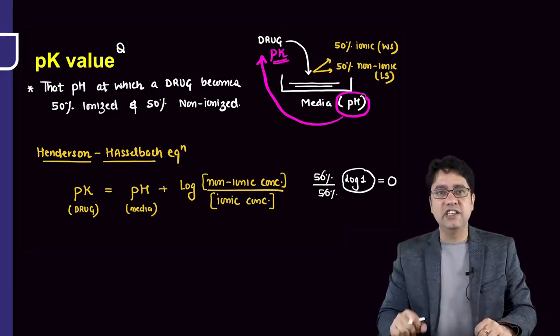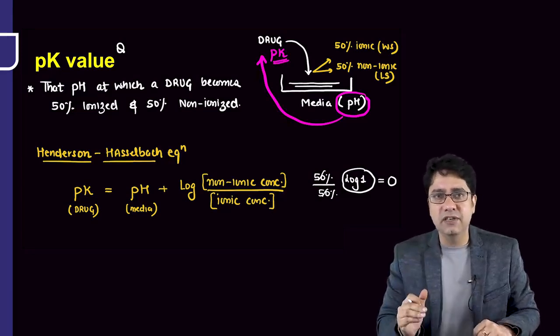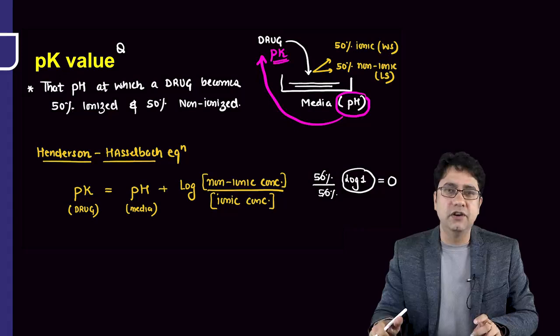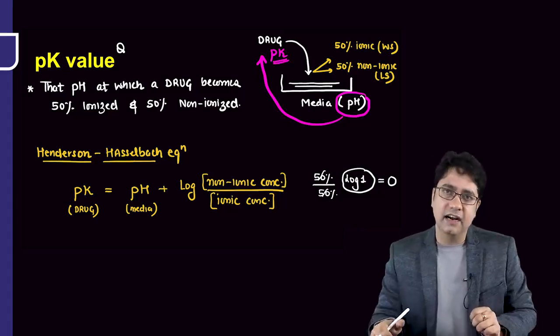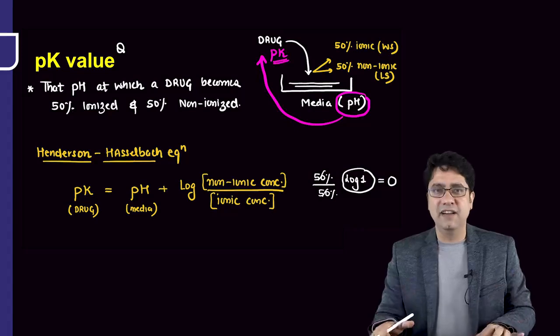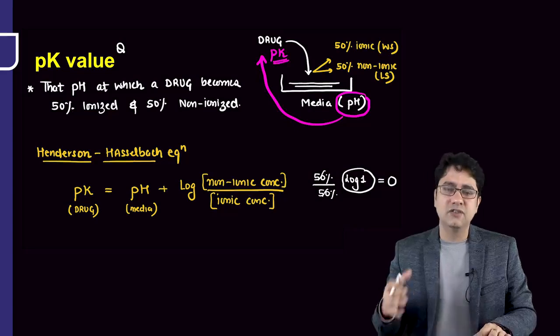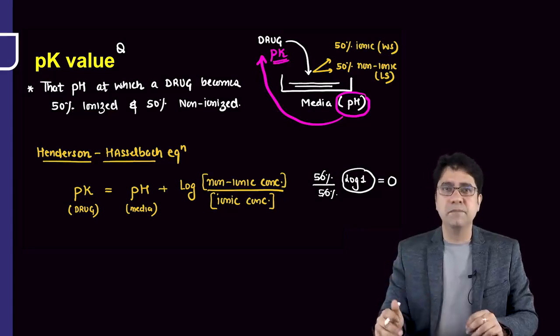So see the definition again: pK value is that pH at which a drug becomes 50% non-ionic and 50% ionic. Now this is all mathematical. We have to become doctors, not mathematicians. So let's understand in a simpler way. Let's say I write a drug, aspirin.